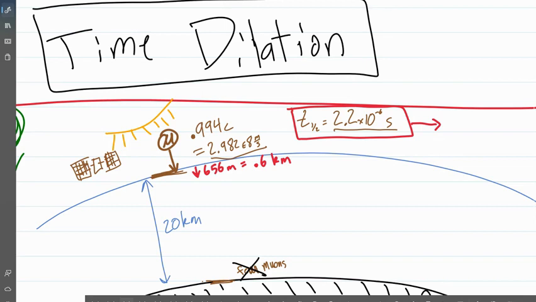From the muon's perspective, its half-life is longer than the half-life that we experience. So when we have seen 2.2 times 10 to the minus 6 seconds, 2.2 microseconds, I know how to do the math on this, but you do not need to know how to do the math. This muon has experienced around 2 times 10 to the minus 7 seconds.